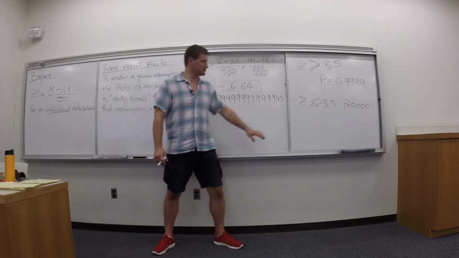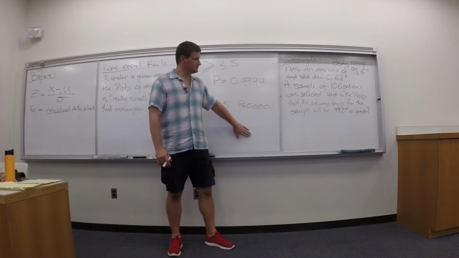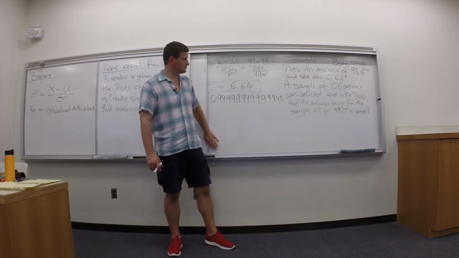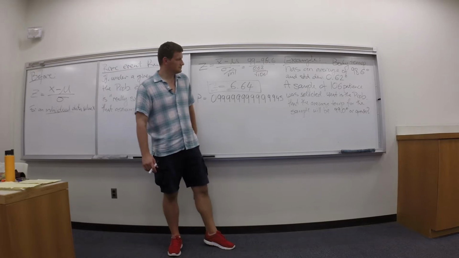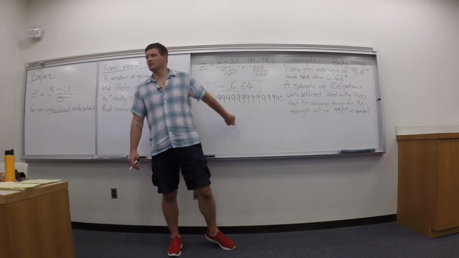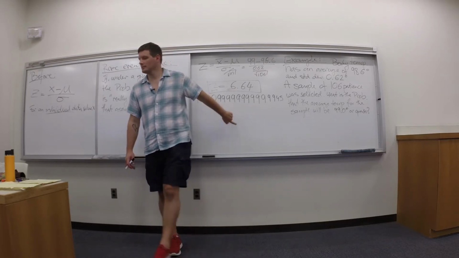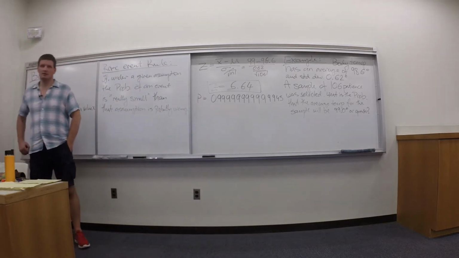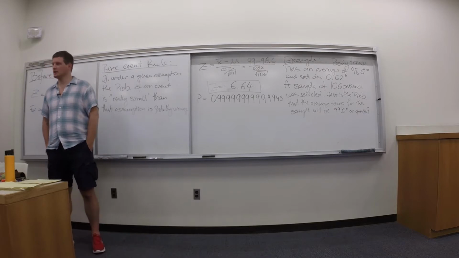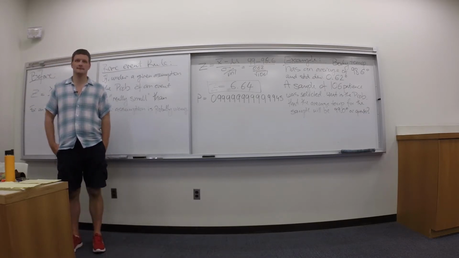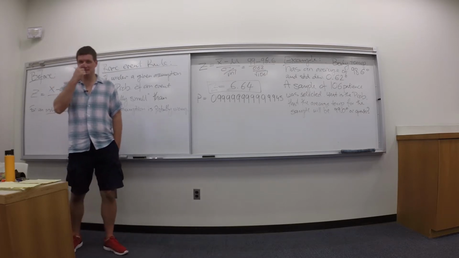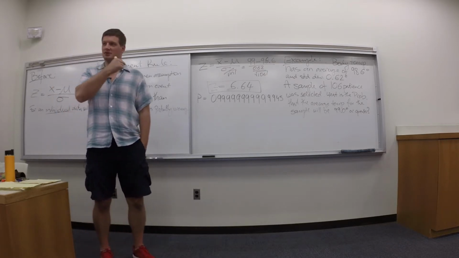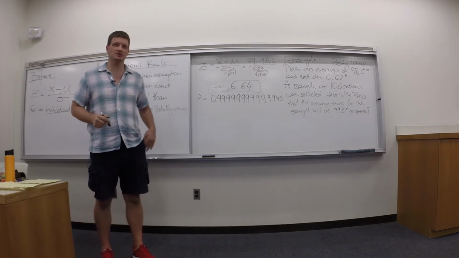Now, here's my question. What is this probability for? I wrote you a probability. I told you it's 0.9999. What is this probability of, if you had to take a wild guess? What I'm asking is, how many of you drew the picture and tried to figure out where this is?